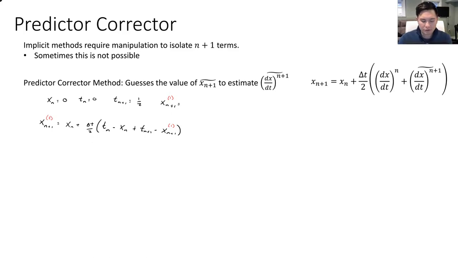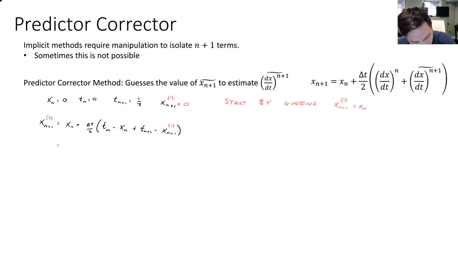A natural place to start for time marching schemes is to assume that our time step is small. So we start by guessing x of n plus 1, our first guess, is just simply equal to x of n. So we'll start by guessing a value of 0.